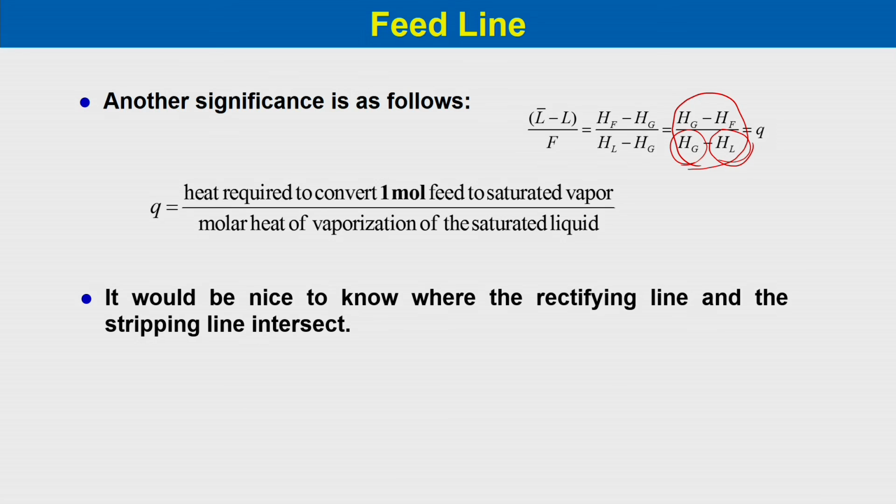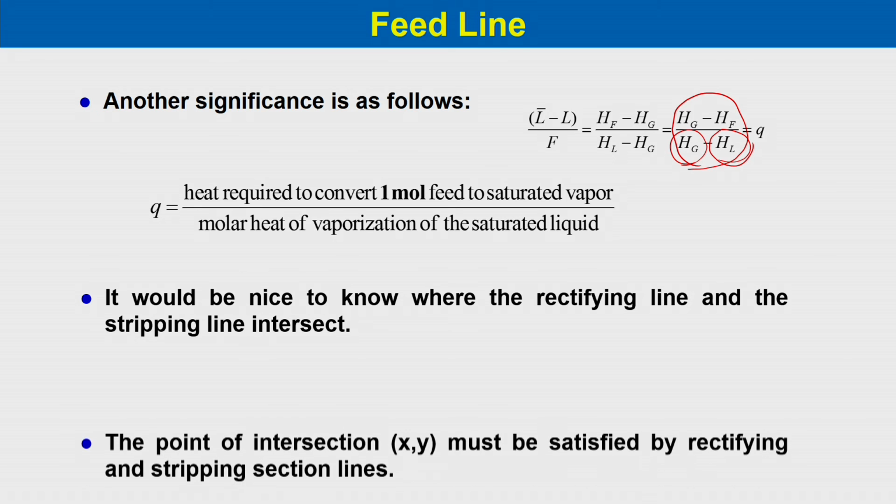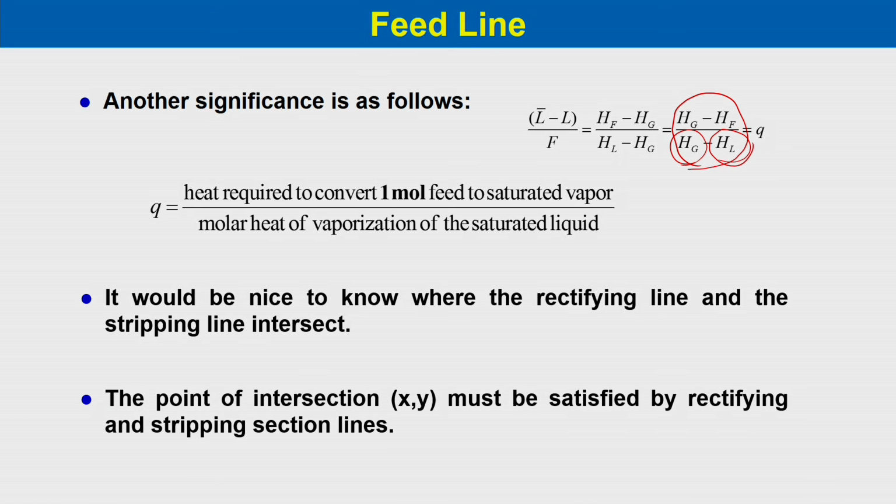It would be nice to know where the rectifying line and the stripping section line intersect. The point of intersection, x y, must be satisfied by the rectifying and stripping section lines, because that is also in the column. The feed tray is inside the column.